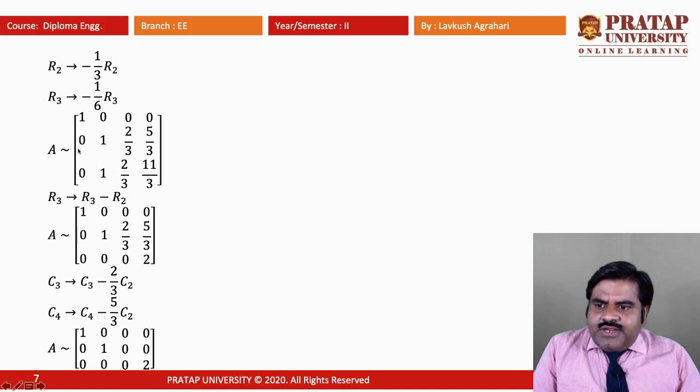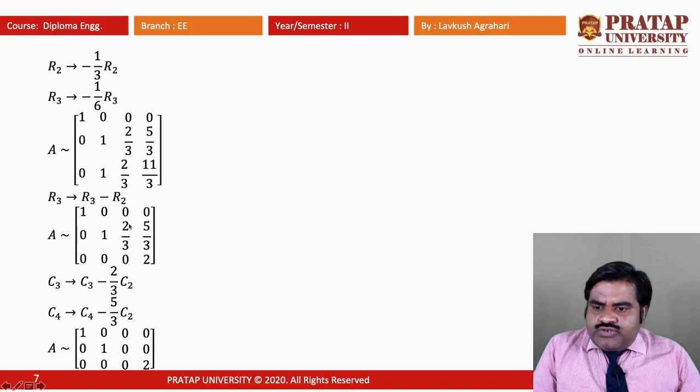So we get the elements of the second row as 0, 1, 2 upon 3, 5 upon 3 and the elements of the third row as 0, 1, 2 by 3, 11 by 3. We check that the elements of the second row and third row are almost equal. Now we have to subtract R3 from R2. If we subtract R3 from R2, we get 0, 0, 0 and 2 in the third row.